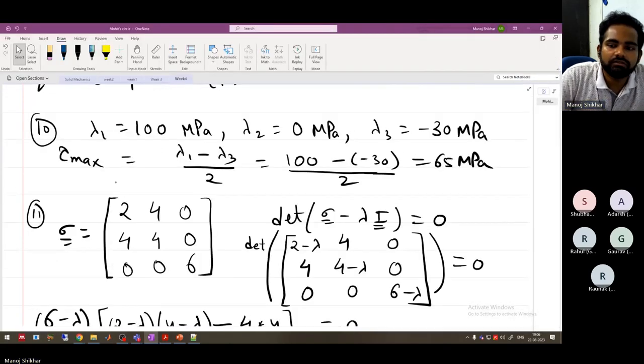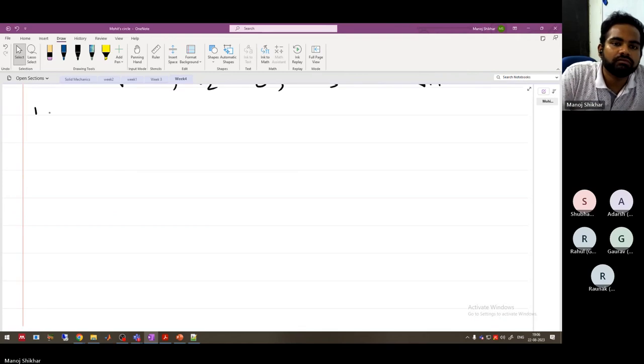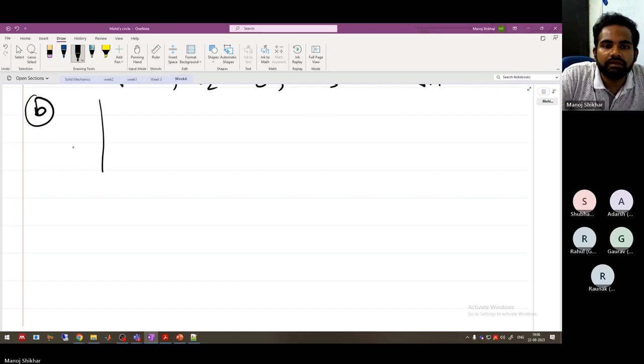So the A part is solved. This is A part of question 11. B part is they have given you that this normal is here and it makes angle 45 degree.